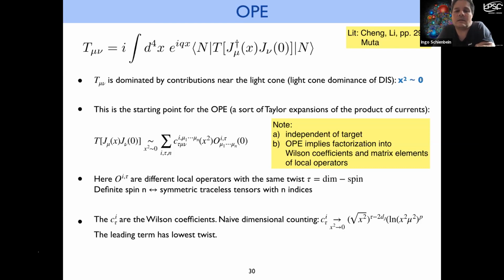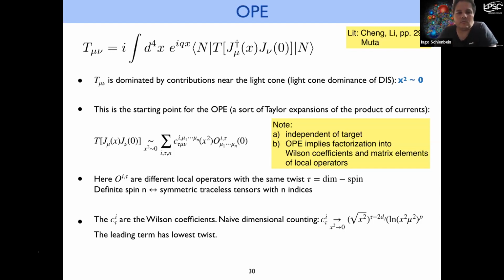And the second thing is that this OPE implies a factorization into Wilson coefficients, which depend on x square, or if you go later to Fourier space, on q square only, and matrix elements of local operators, which more or less correspond to parton distributions in the parton language. So this OPE implies a factorization.